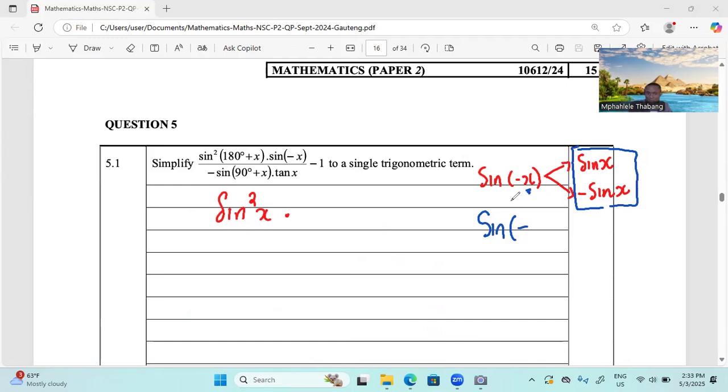You can put 1 and say sine of negative 1, and press equal. You check if your answer is positive or negative. If you do that here, you'll notice that the correct answer is negative sine x. The sign of the trig ratio is negative.